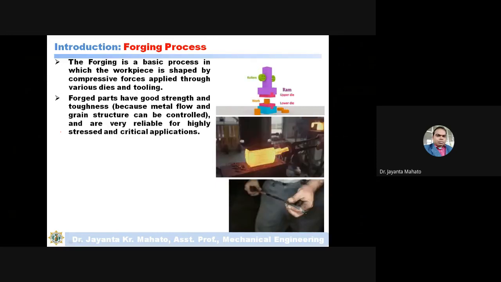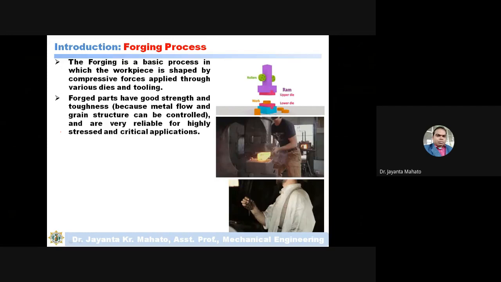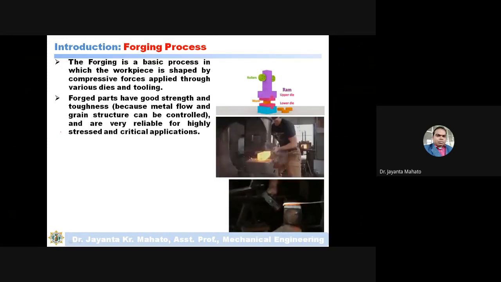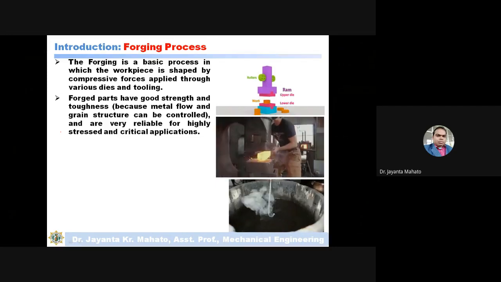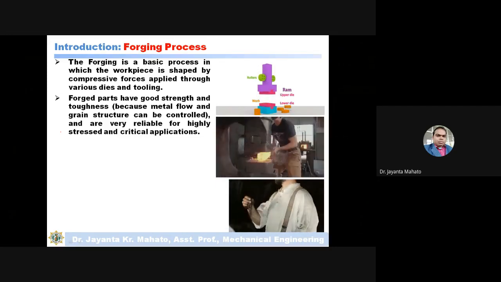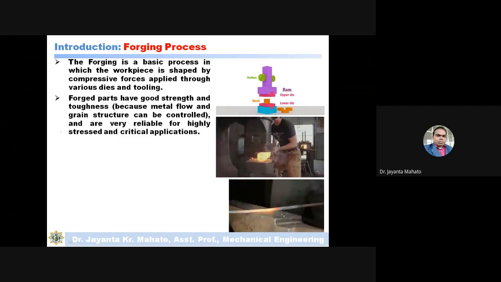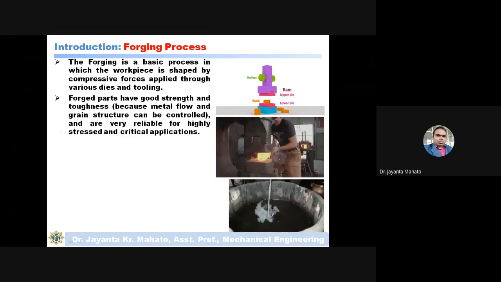An example of a forged part is the body part of your automobile, the upper cover of the automobile body. That part can be manufactured by a forging operation.